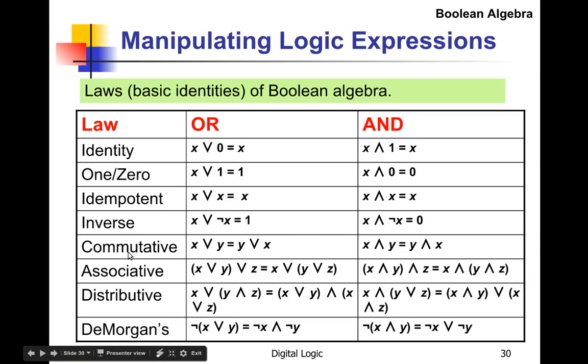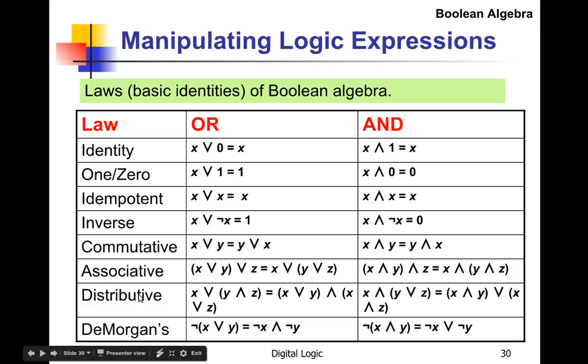And the commutative property means if you're swapping x and y, x OR y is the same thing as y OR x, and x AND y is the same thing as y AND x, so AND and OR are both commutative. Associative means if you have three things in a row, if you do the first 2 first, you get the same as if you do the second 2 first, and that holds for both OR and AND.